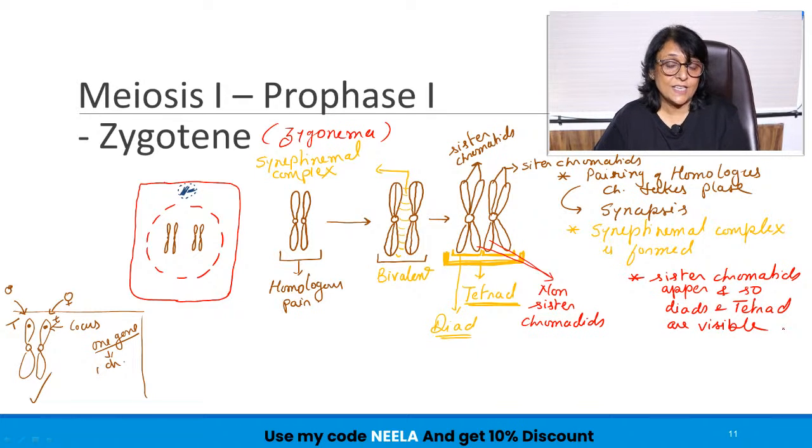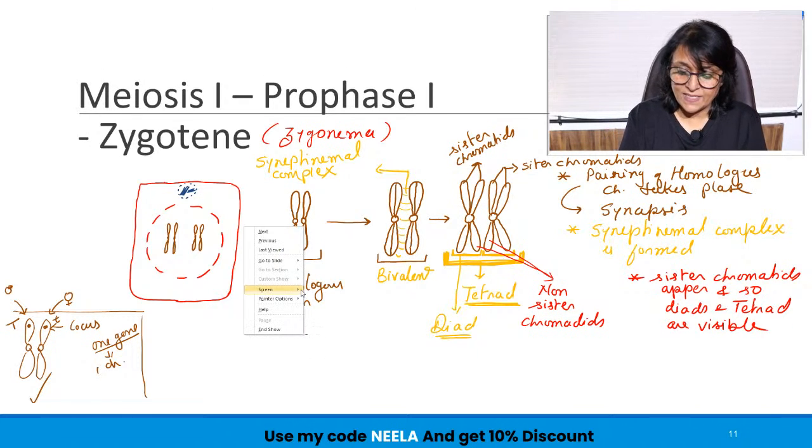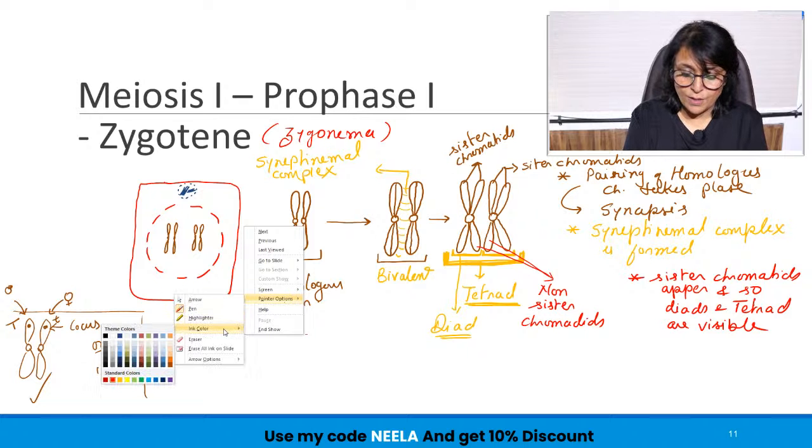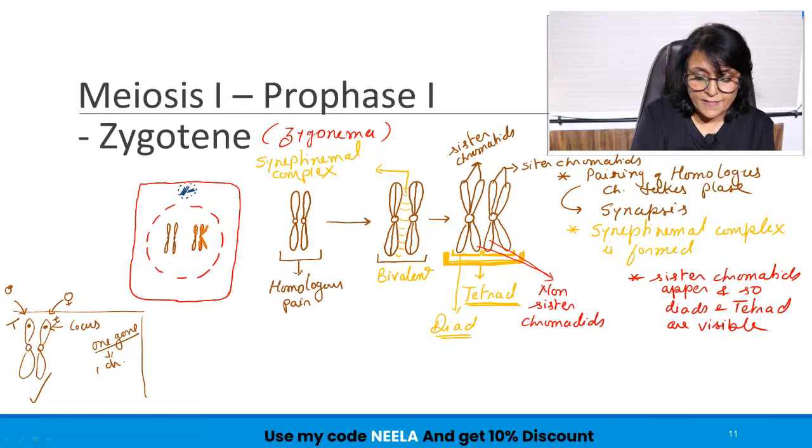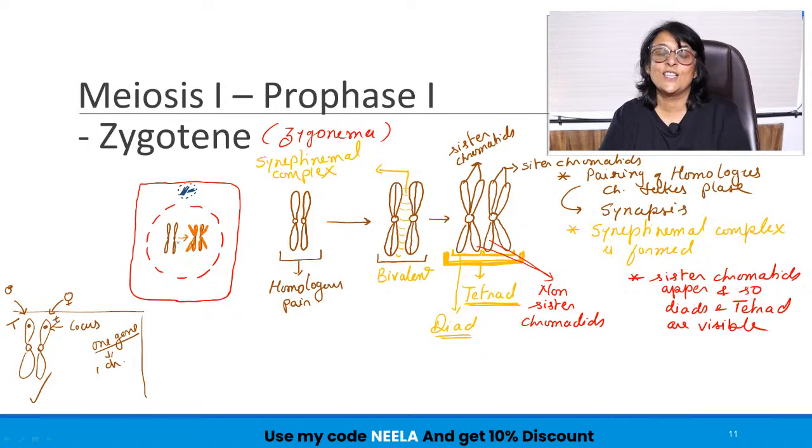All these changes are taking place inside the nucleus. I have shown you the changes which take place inside the nucleus, but we have drawn it outside. So in this case, we will make one more arm here so that our tetrad is visible, and we will keep one homologous pair as it is, so that this transition is clear.